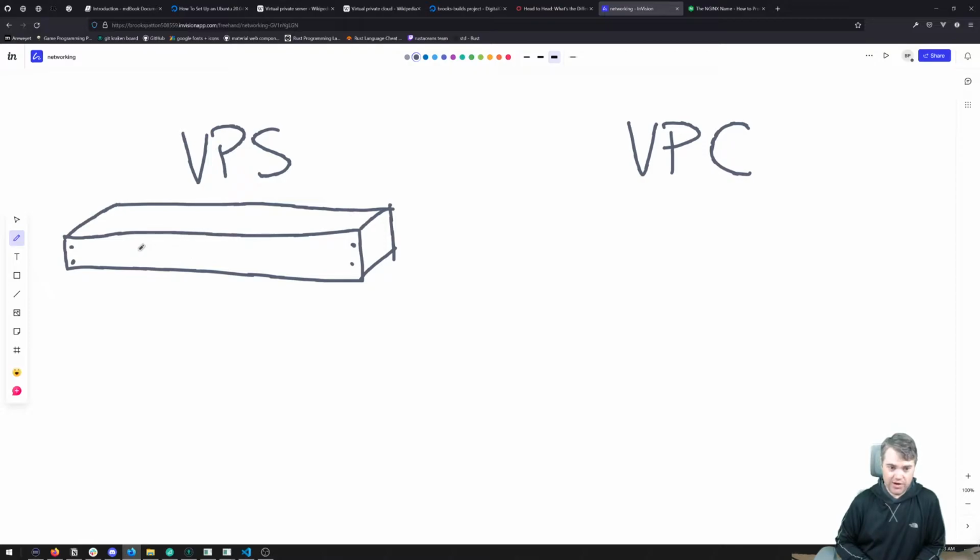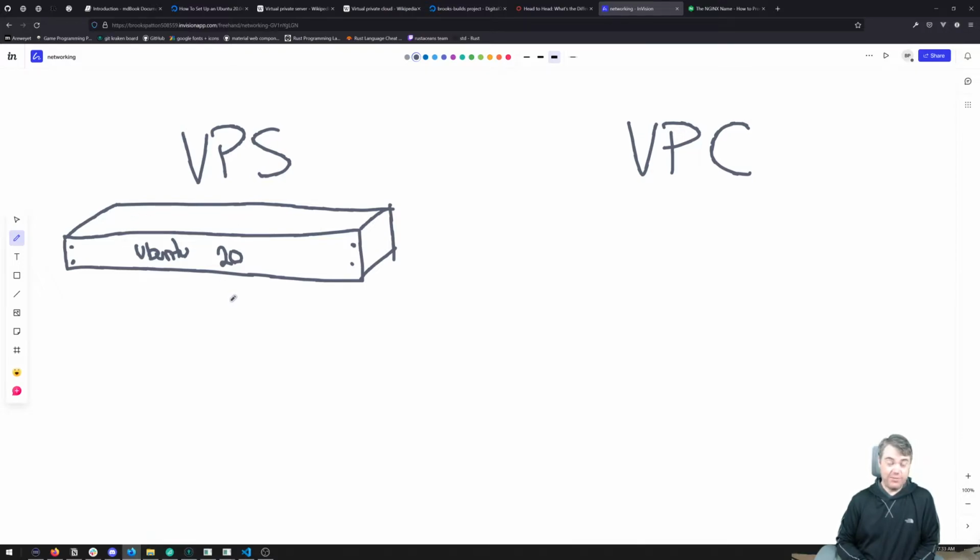And this thing is running Ubuntu, maybe version 20. And it's actually something in a physical place somewhere that you can SSH into. That would be like an actual server. A virtual private server is this in a virtual way. So I pretend that I get one of these, but in reality, I don't know where it is.